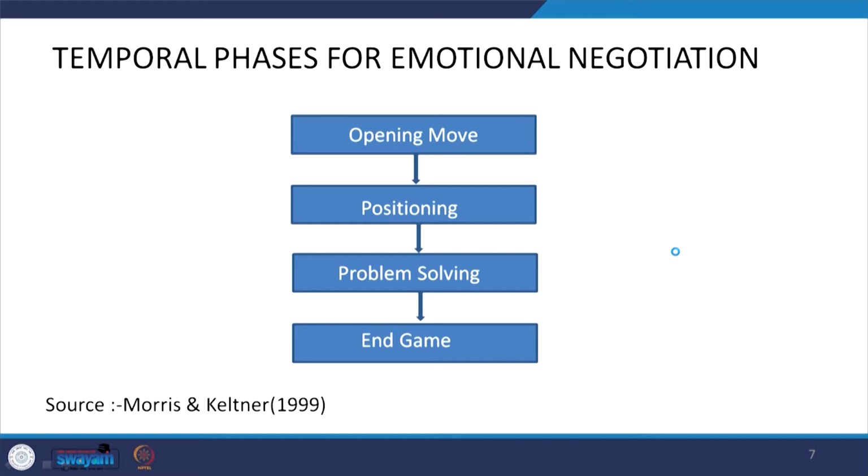So, here you will find that the temporal phases begin with the opening move. Now, you see that many times you want to negotiate, but you stop the communication. Therefore, in emotional negotiation it becomes very important that you are able to express your emotions.